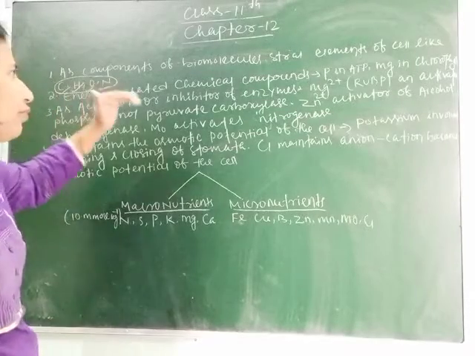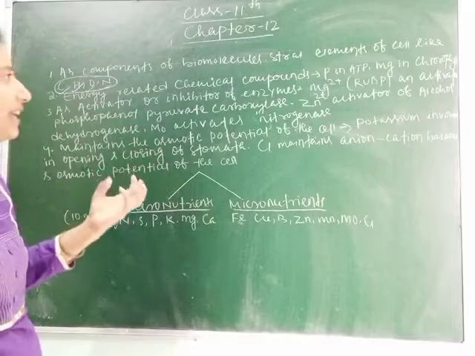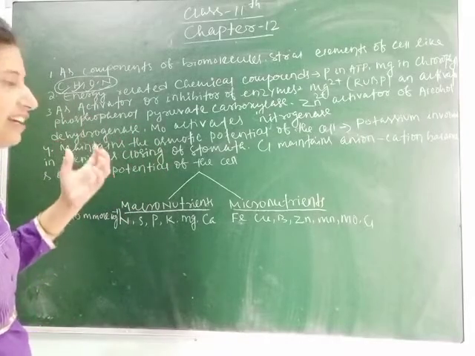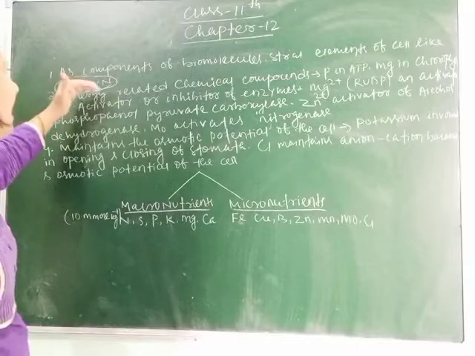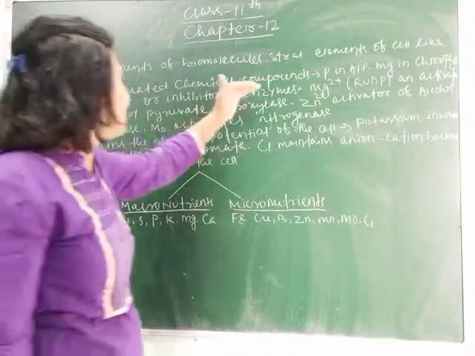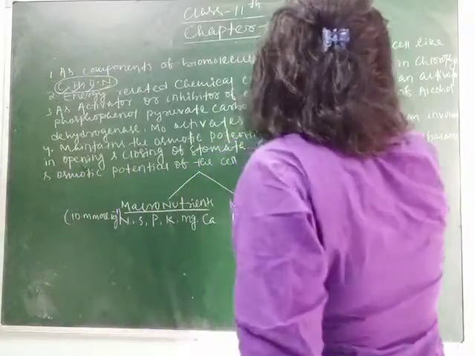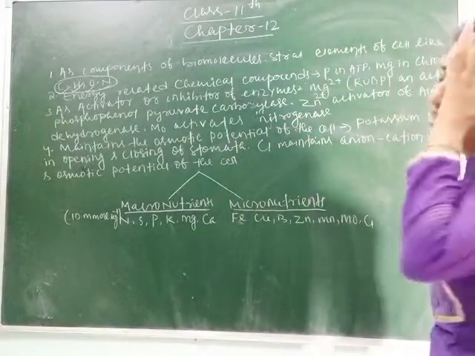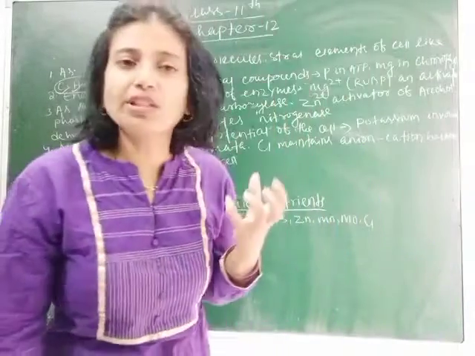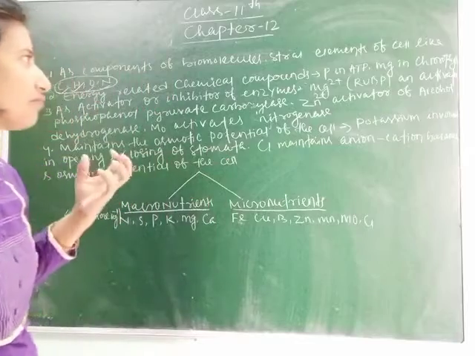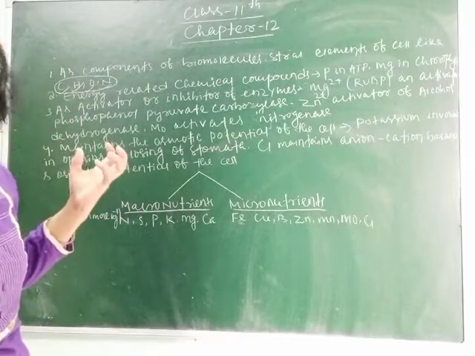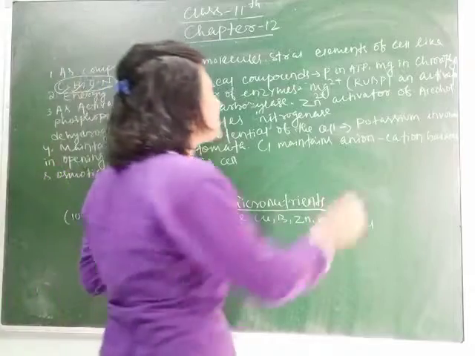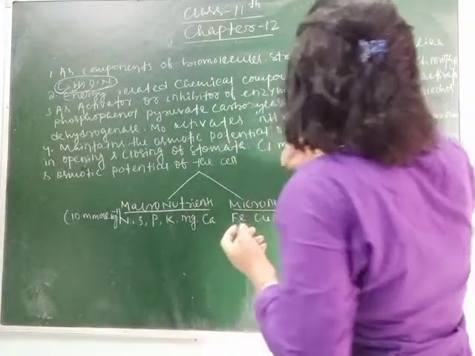So what is the next criteria on which they are divided into four categories? The second category is energy-related chemical compounds. Energy, both in animals and plants, is formed in the form of ATP, so here the element needed is phosphorus.